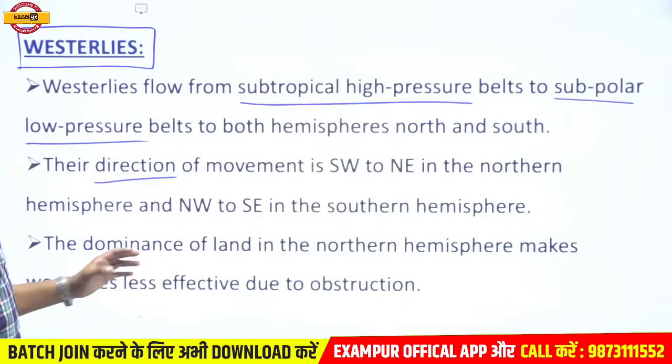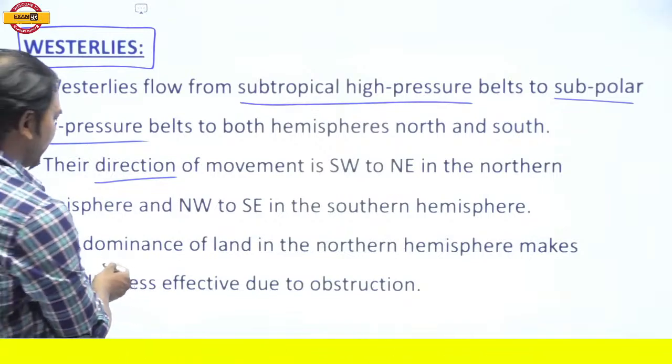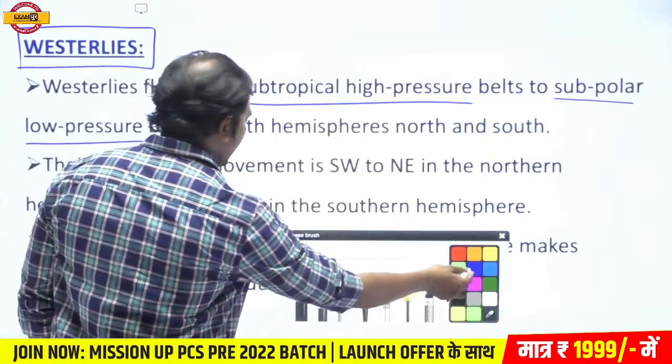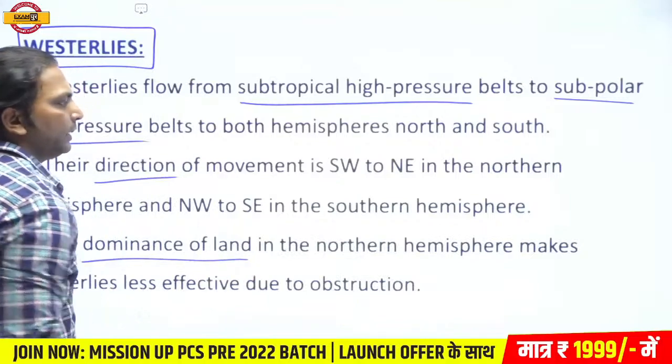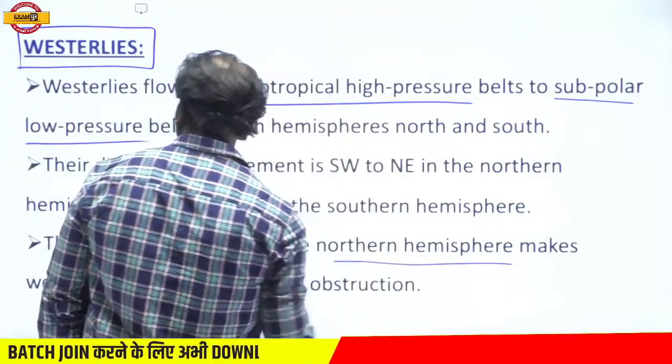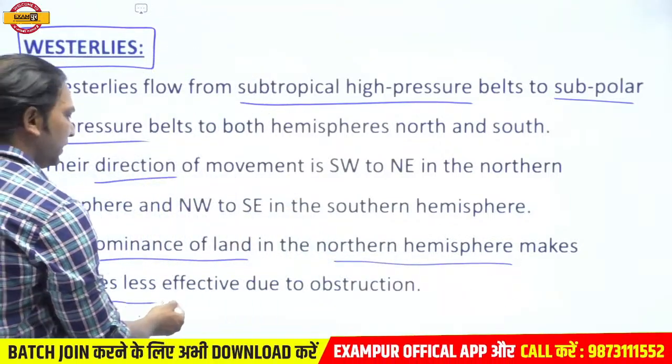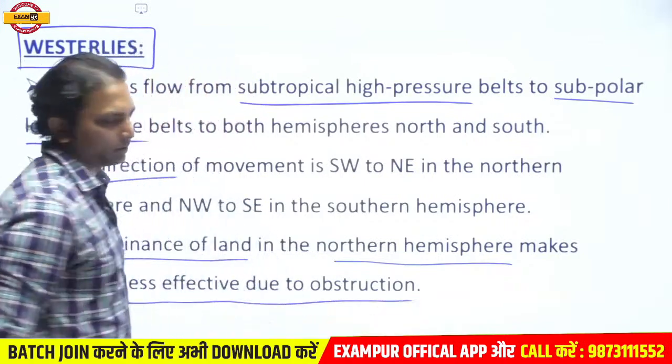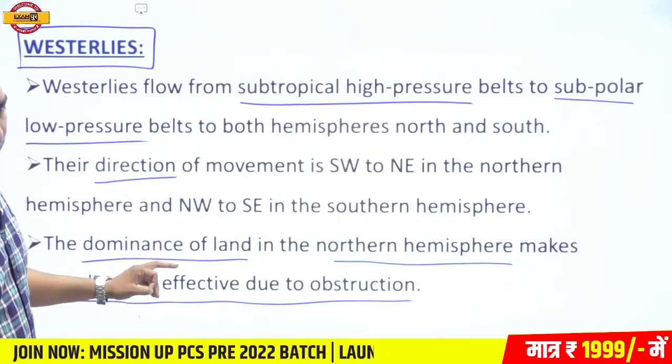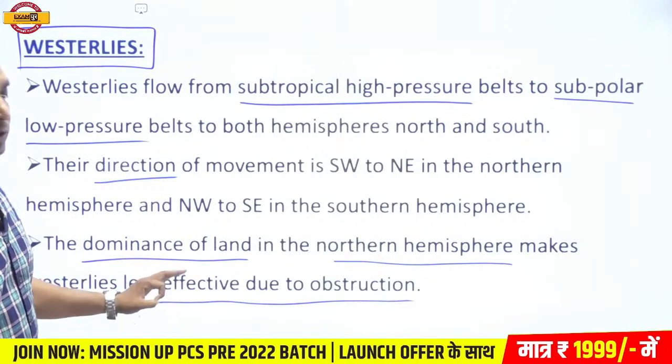Here is the point: the dominance of land in the northern hemisphere makes westerlies less effective due to obstructions. This is also a point you have to remember.